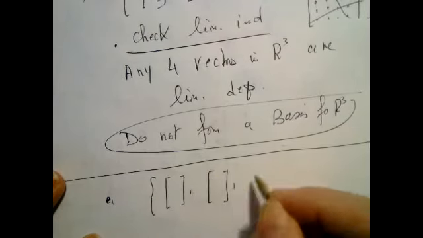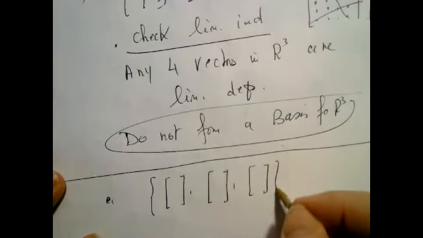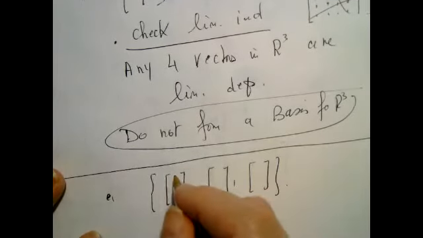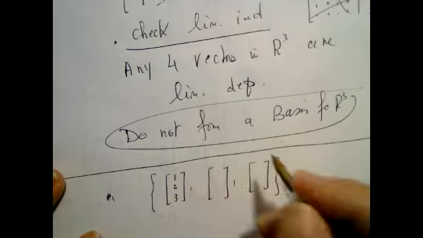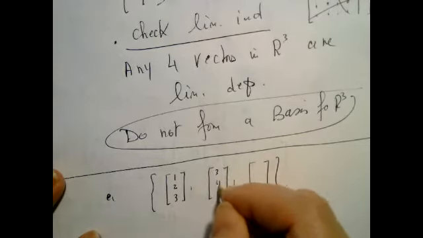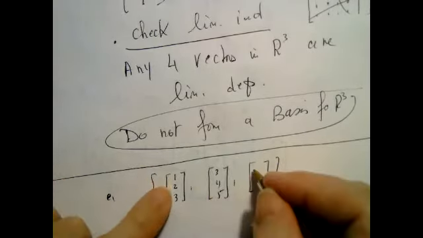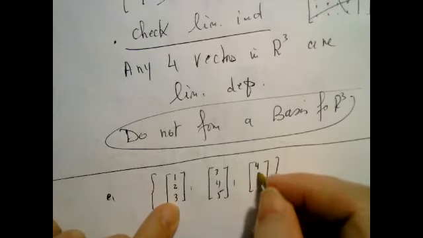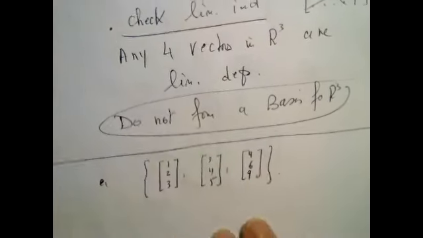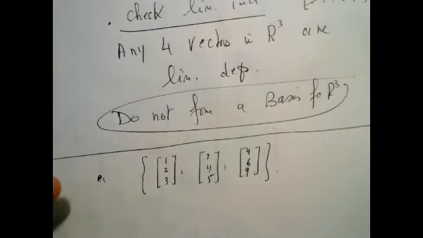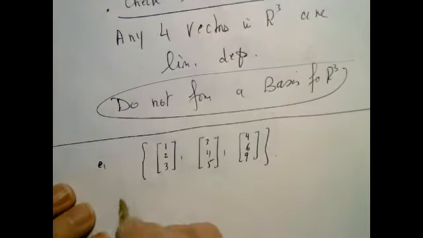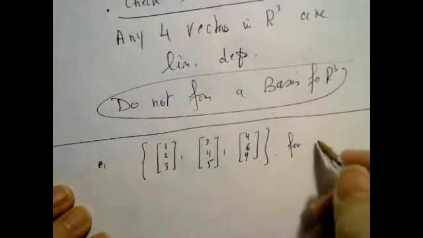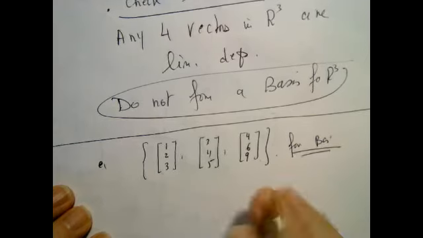Suppose I take those three vectors here, and I'm going to make them very trivial. 1, 2, 3, 3, 4, 5, and I'm going to take this one to be 4, 6, 9. So those are three vectors, but do they form a basis?